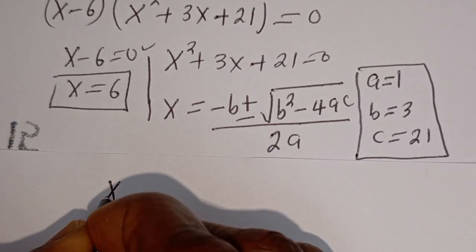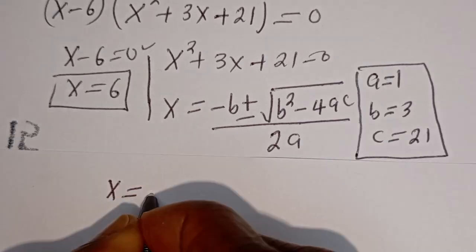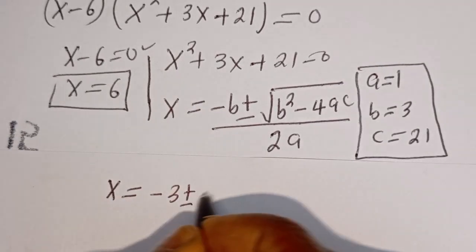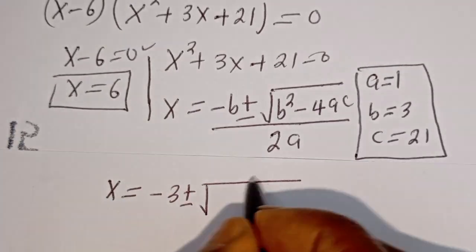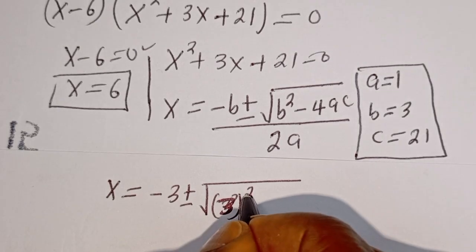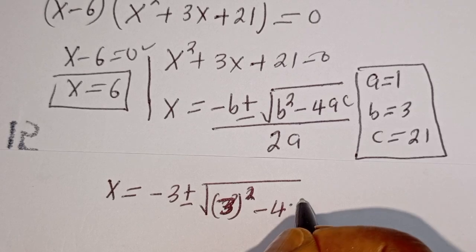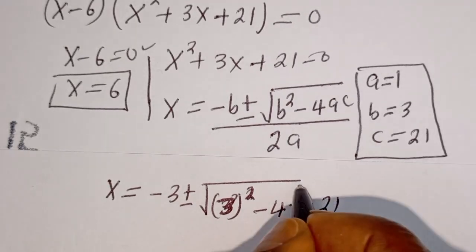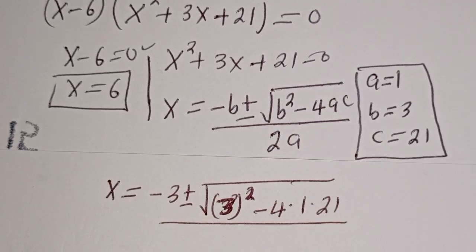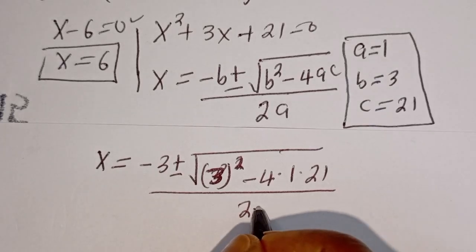Now x is equal to minus 3 plus or minus square root of 3 squared minus 4 multiplied by 1 multiplied by 21, divided by 2 multiplied by 1.